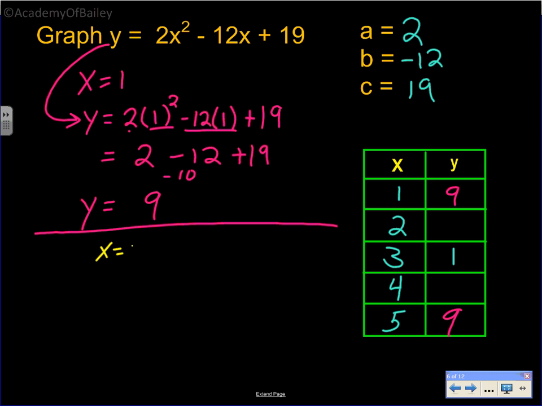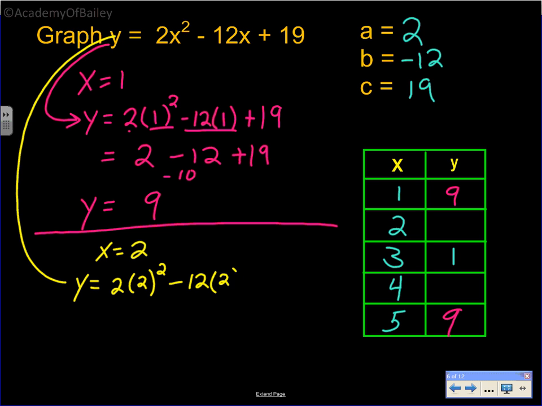X equals 2. When x is equal to 2, what's y going to be equal to? 2 times x squared, we substitute in for x, and minus 12 times x plus 19. We know 2 squared is going to be 4, and 4 times 2 is 8.